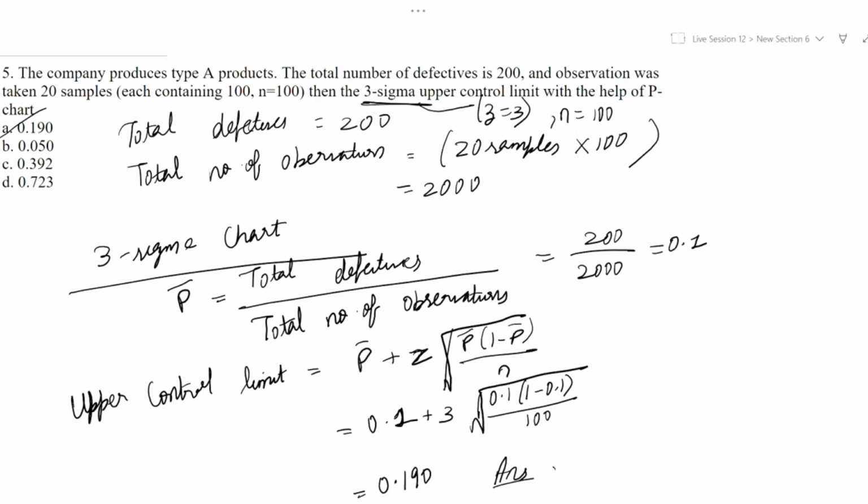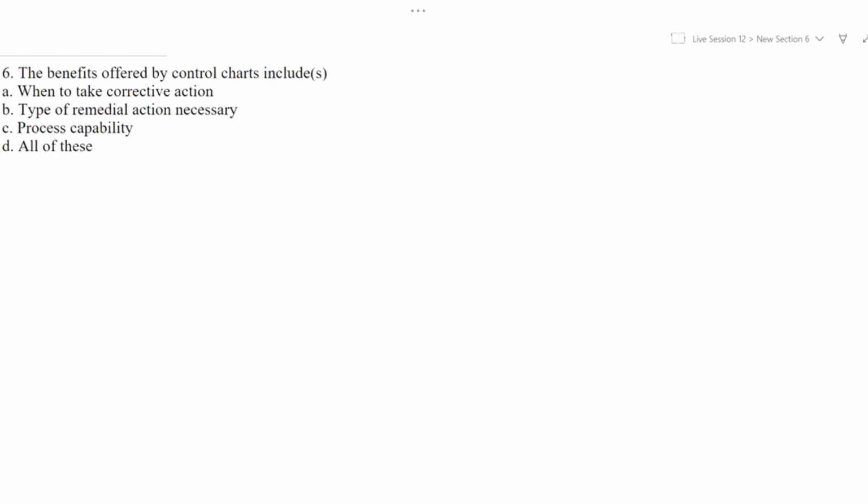Now, the next question. The benefits offered by control charts include which of the following? Control charts, as we know, we have to use when there is a variation. We have control charts for variables and control charts for attributes.